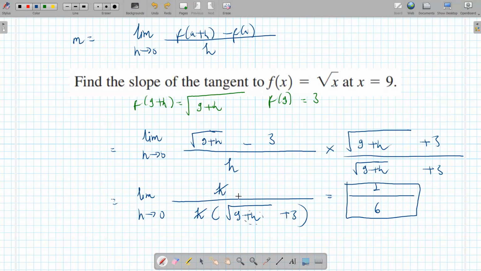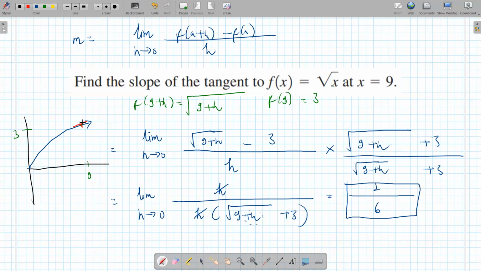What does it mean? If you were to graph square root of x, it'll look something like this. And when the x value is 9, what's the y value? It's going to be a 3, right? And at this point, if you try to draw a tangent line, it'll look something like this.